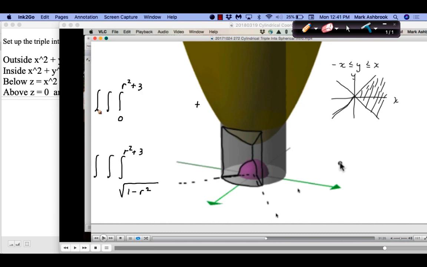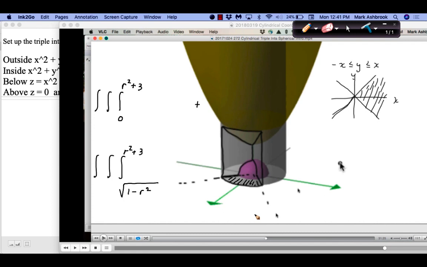So then our outside double integral depends on whether we're coming off the plane or the sphere. So if the bottom is the plane, then we're looking at this right here.